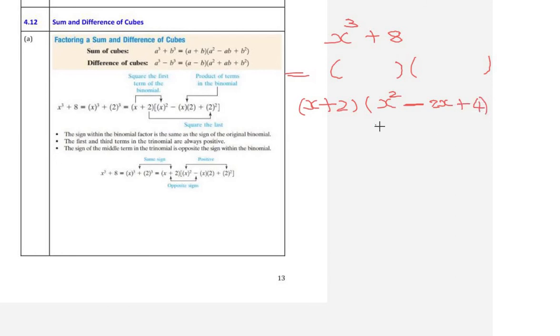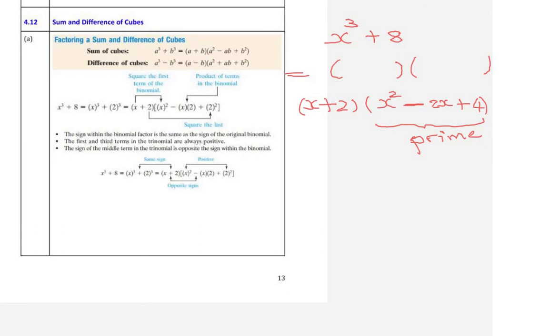Okay, now that will now be a prime trinomial. In other words, you will not be able to factorize this trinomial. So don't even try. So you cannot factorize that bigger one.